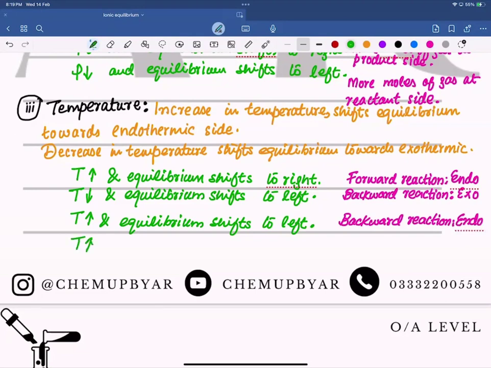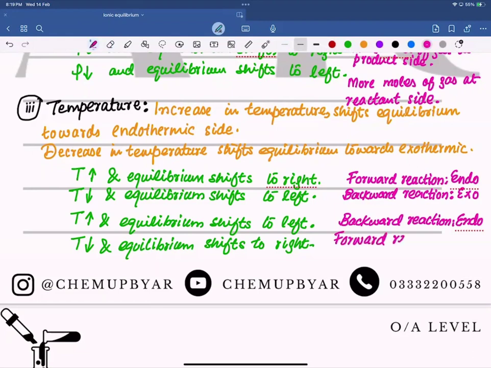If we lower the temperature and equilibrium shifts to the right, it means the forward reaction is exo or endo? Exo, yes, good. The forward reaction is exothermic. Is this clear to all of you?